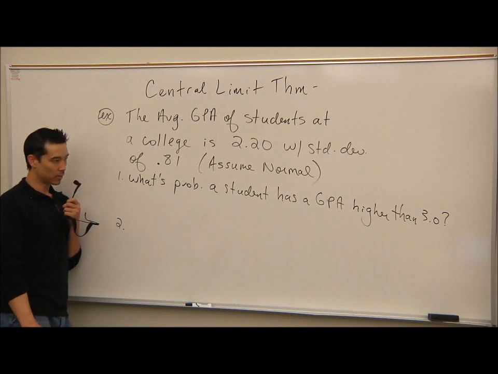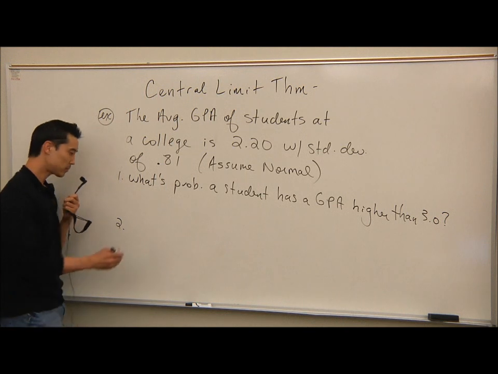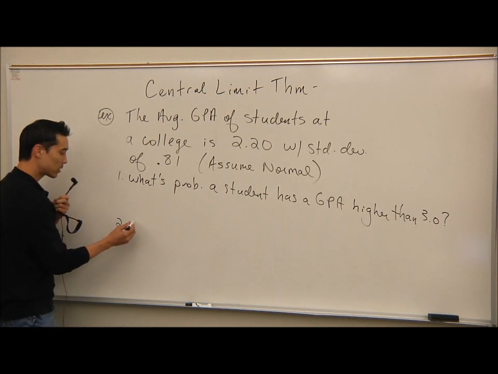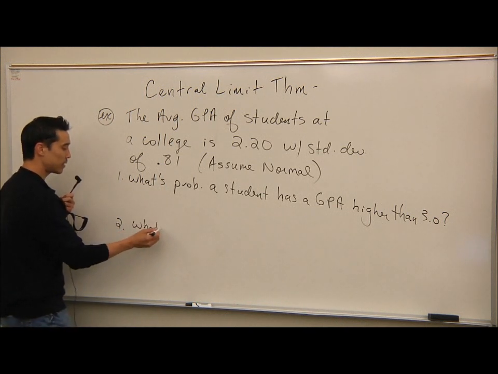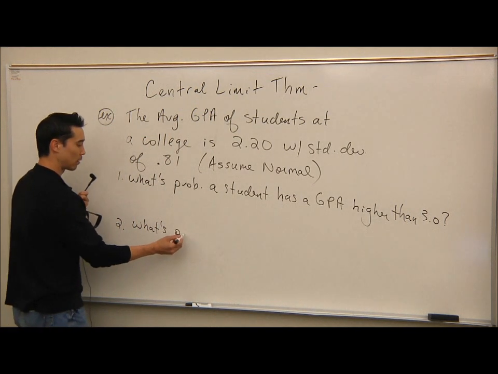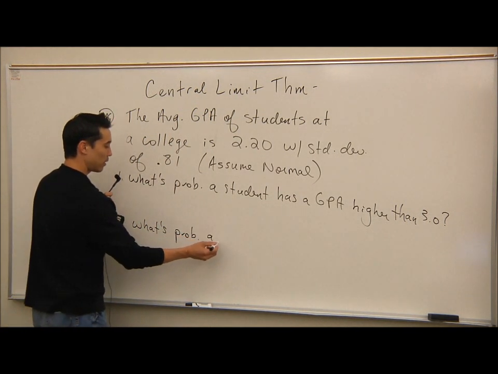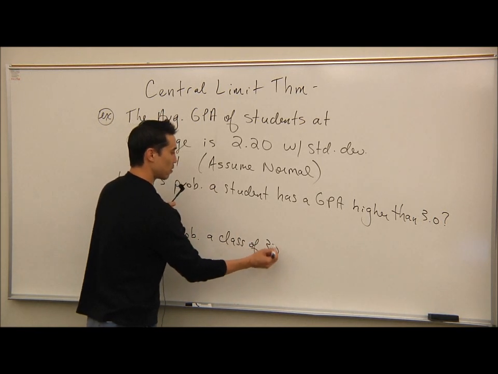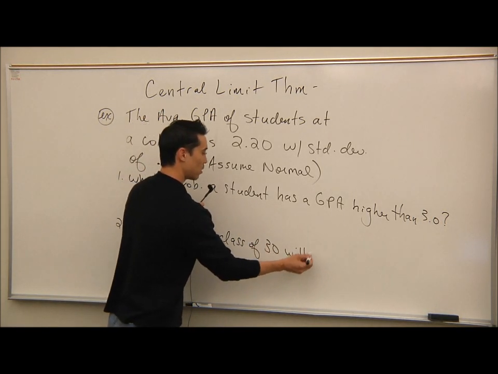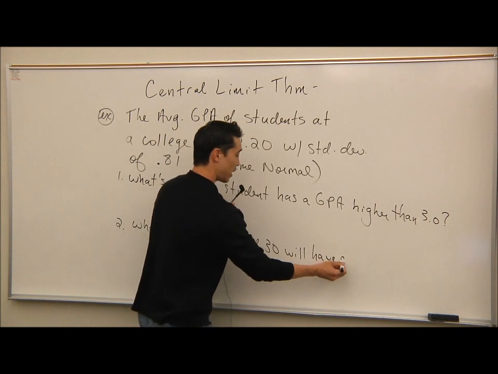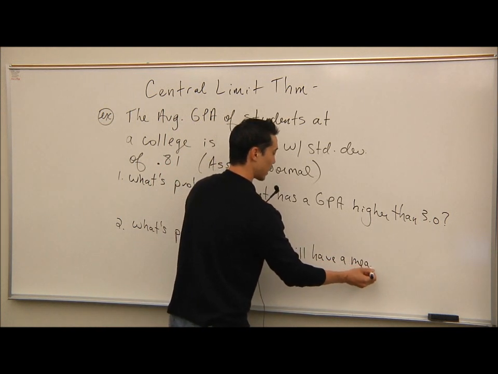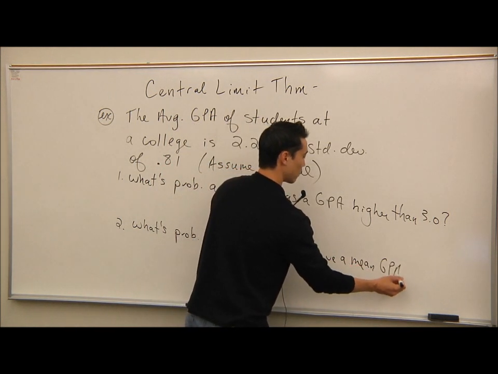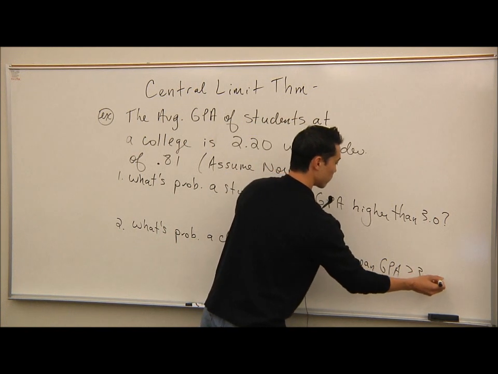What if I change this problem a little bit and say, what's the probability, instead of a single person, a class of 30 will have a mean GPA greater than 3.0?